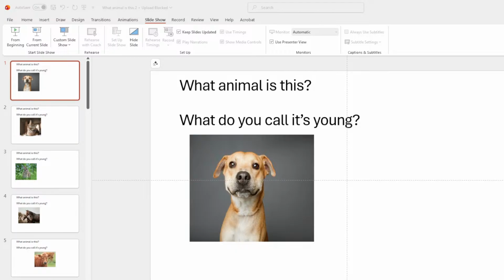Do you know what animal that is? That is obviously also easy for most people.